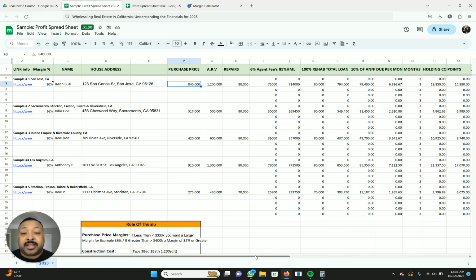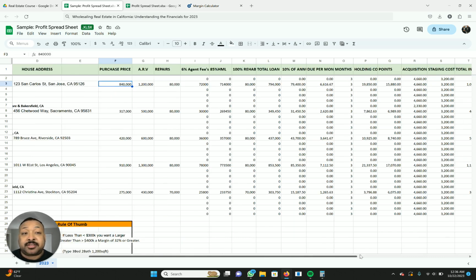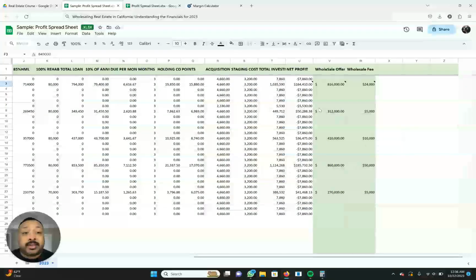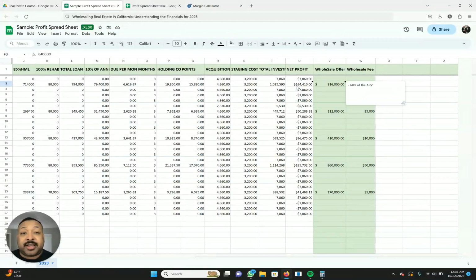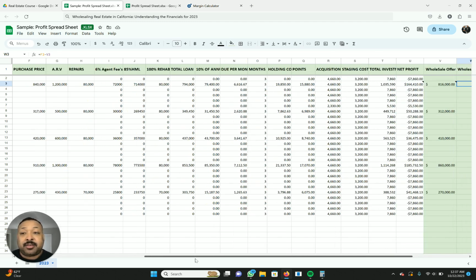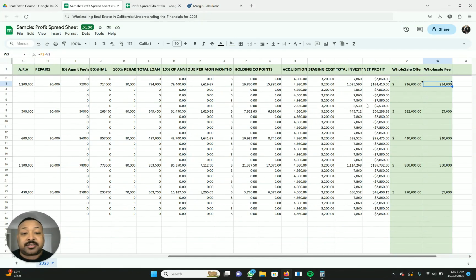So in order for you to get a wholesale fee, now that you can see the type of money I'm going to be making on this, if you come in with an offer to the realtor or the homeowner at $816,000, your wholesale fee is going to be $24,000, because you'll wholesale the house over to me or the end buyer at $840,000. And right there at 816, you have a $24,000 wholesale fee.